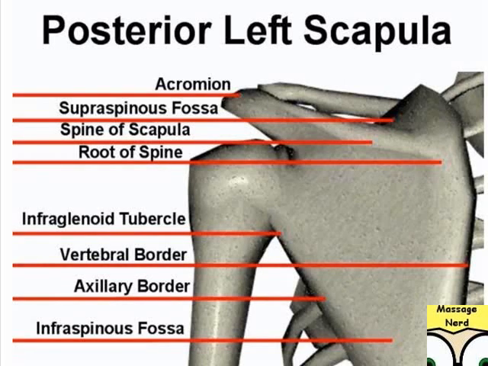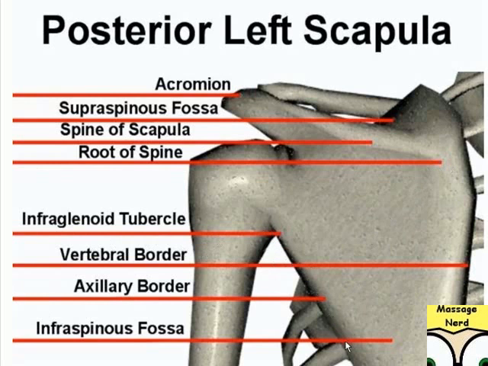Posterior left scapula, bony landmarks. First one, acromion, right here. Supraspinatus fossa, right in this groove. Spine of scapula, all along here. Root of spine, right in this region. Infraglenoid tubercle, right here.